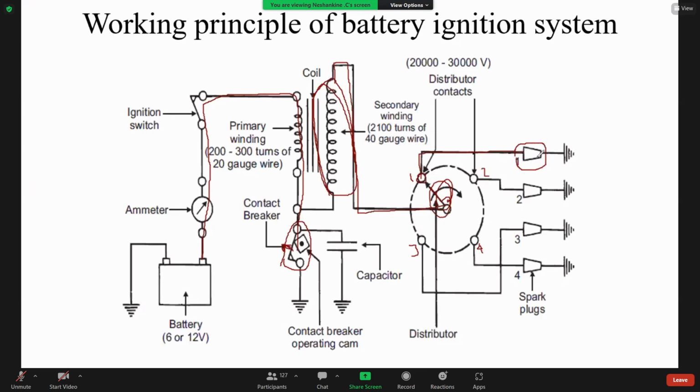Then a spark will be produced in that gap. Then if the distributor contact moves to number 2, what will happen? The high voltage passes this way and reaches spark plug number 2. Then we can observe the spark. Understood?